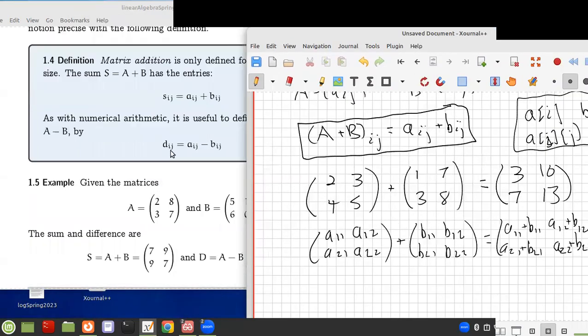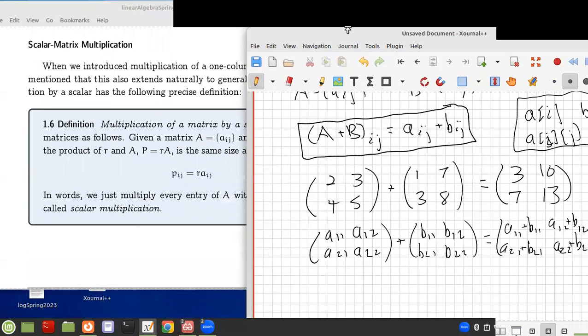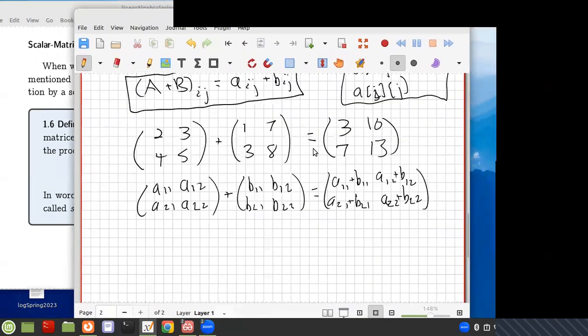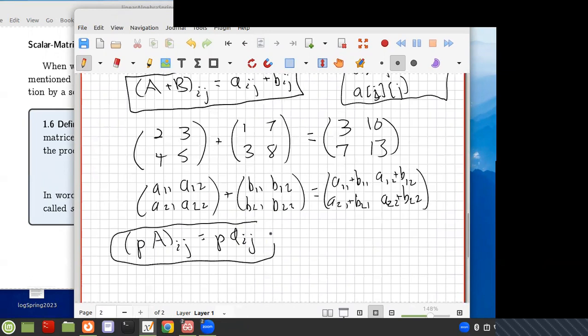Okay, well, that's the sum of two matrices. The second operation is we can multiply a matrix by a number. If we have a number and the matrix A, then the entries of the number times the matrix are just the number times each entry, for all valid i and j.